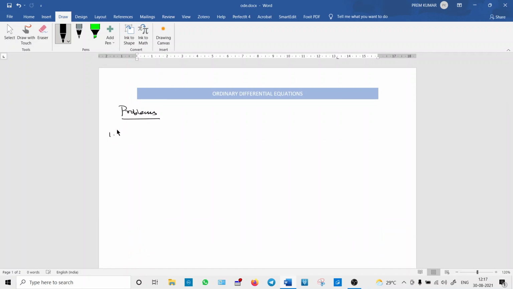Problem number 1. Solve a into x dy plus 2y dx equals xy dy. And you can check that this is not an exact form. So what we do is we divide throughout by xy.